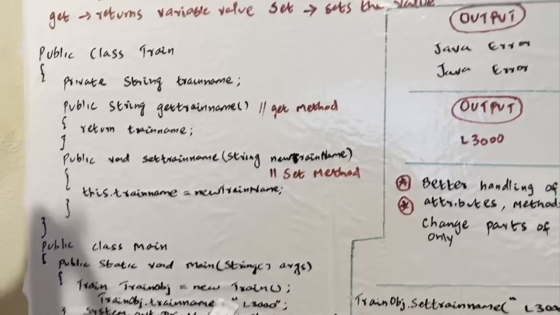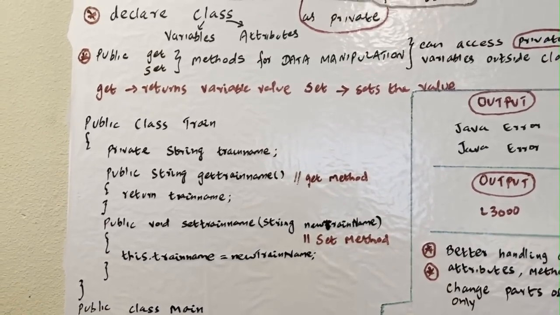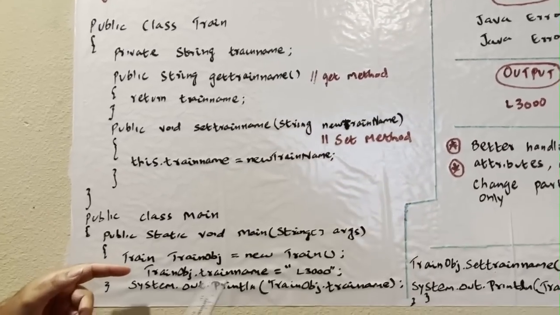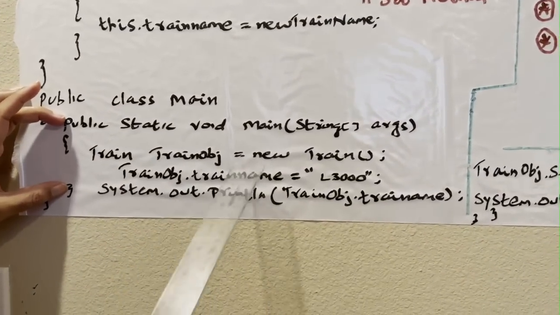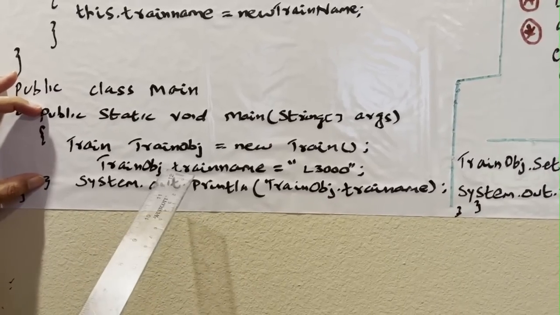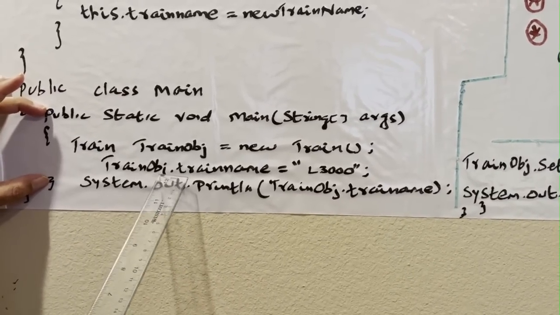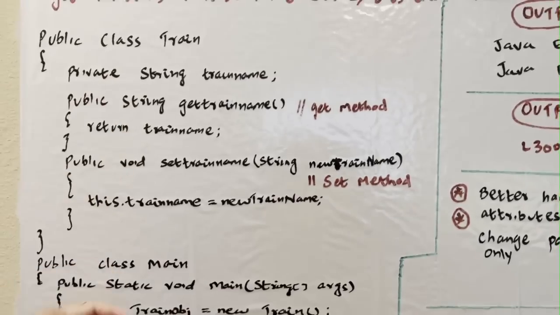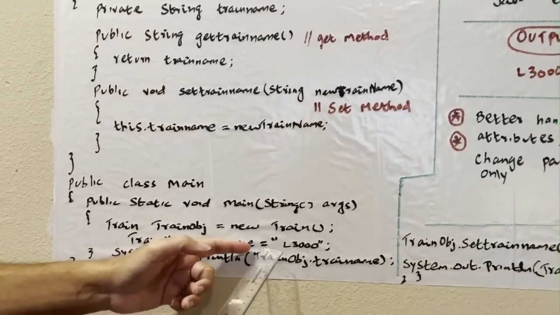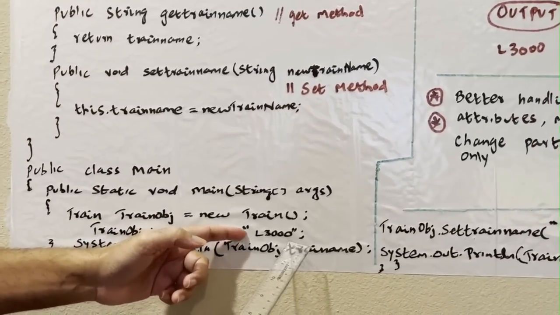Here we declare it. Here we are using it. Instantiating train object within this public main part of the program. Train object dot train name equals L3000.